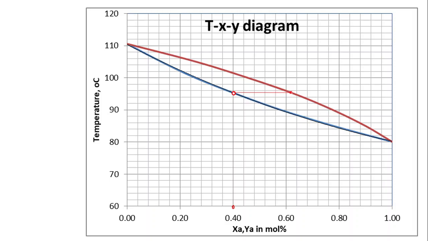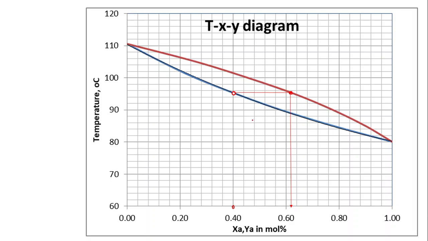The composition of A in the vapor phase comes to about 63-64%. So in the liquid it is 40%, but in the vapor it is 63%. So it means that A is more in the vapor phase.